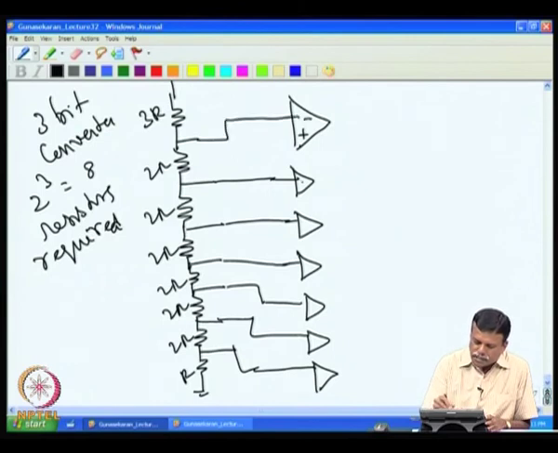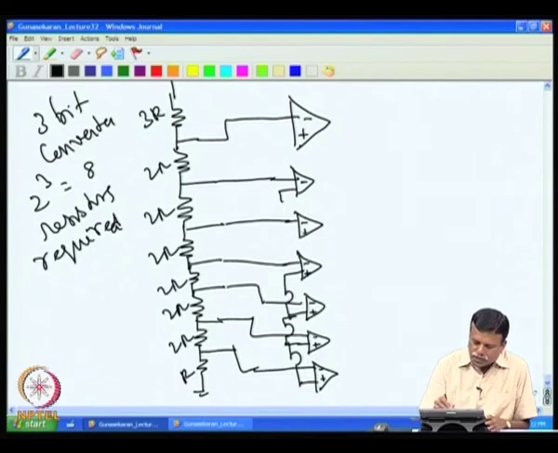Say for example, these are connected to minus inputs, and then you have a plus input. So, the plus inputs are actually connected to V reference.